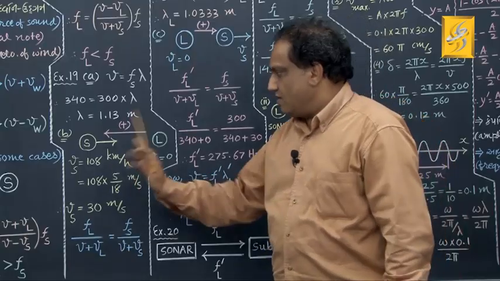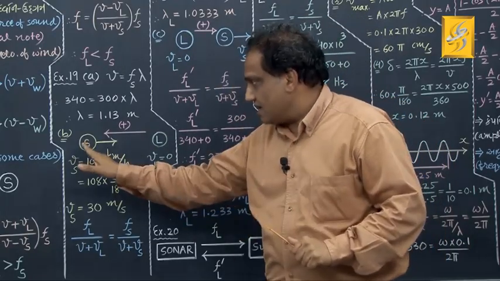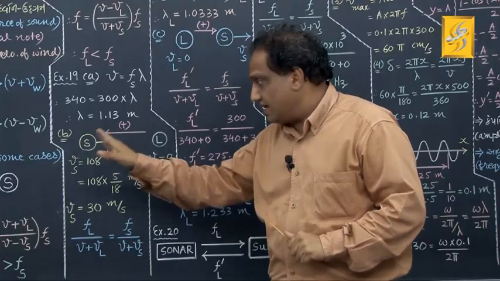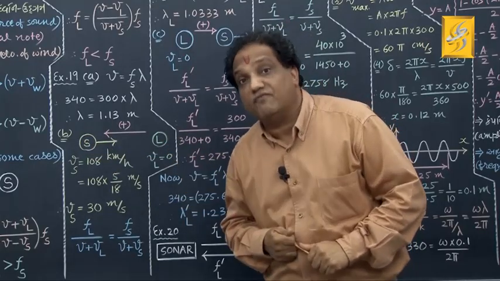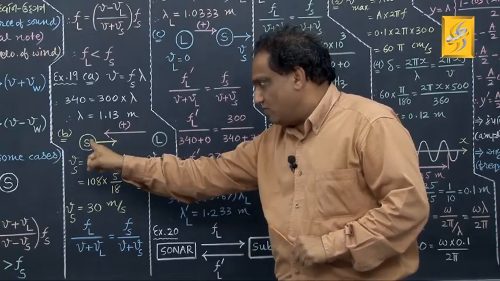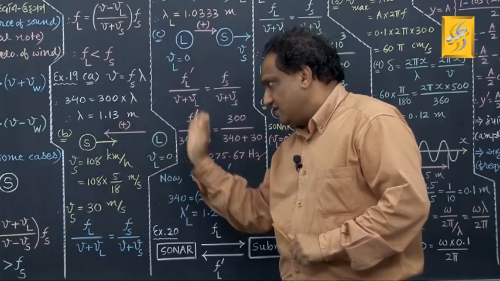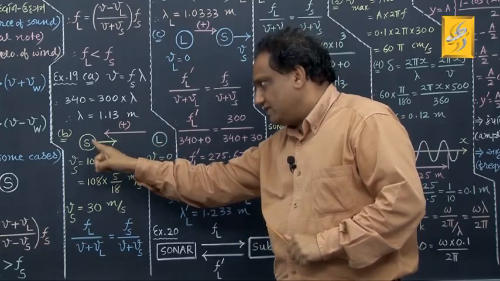Now they have asked the wavelength of those sound waves which are in the front region, that is in front of the police one. In the direction of motion, the front region will be towards the right side, this way, ahead of the direction of motion.